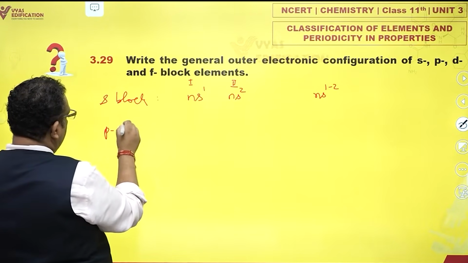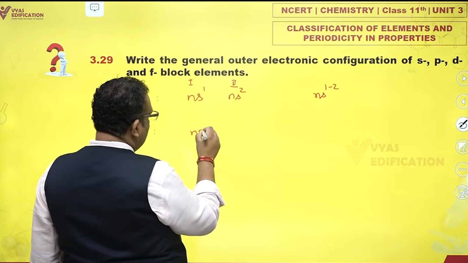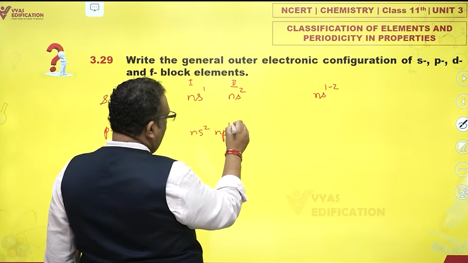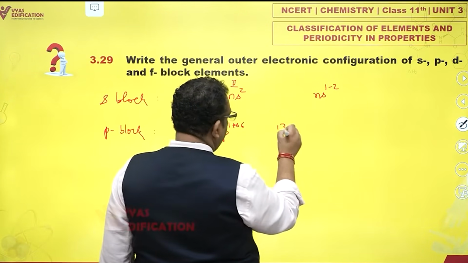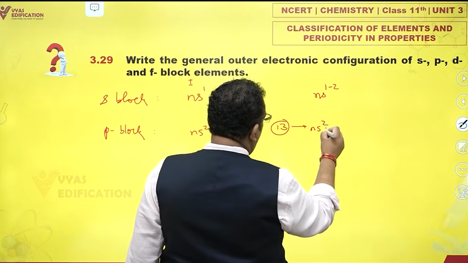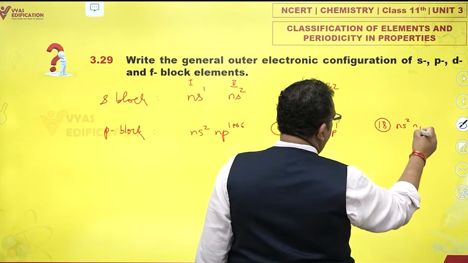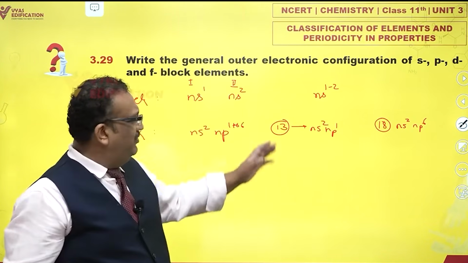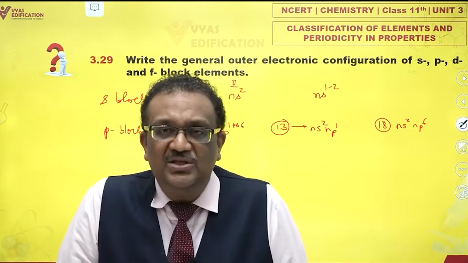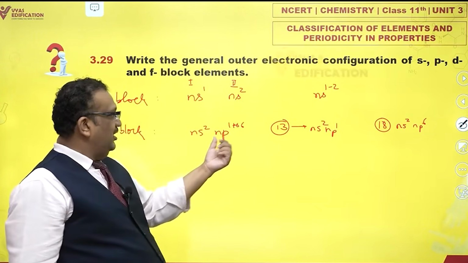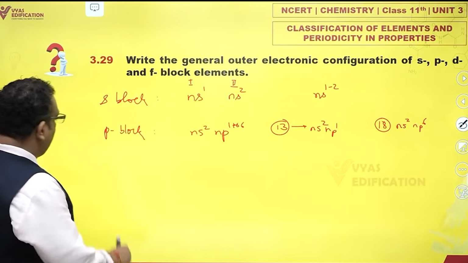In p block, outermost configuration is ns2 np1 to 6. Like group 13 is ns2 np1, and group 18 is ns2 np6, and in between you have np1, np2, np3, np4, np5, np6. This is the variable part which has been covered here generally. ns2 np1 to 6, that is the general outer electronic configuration of p block.